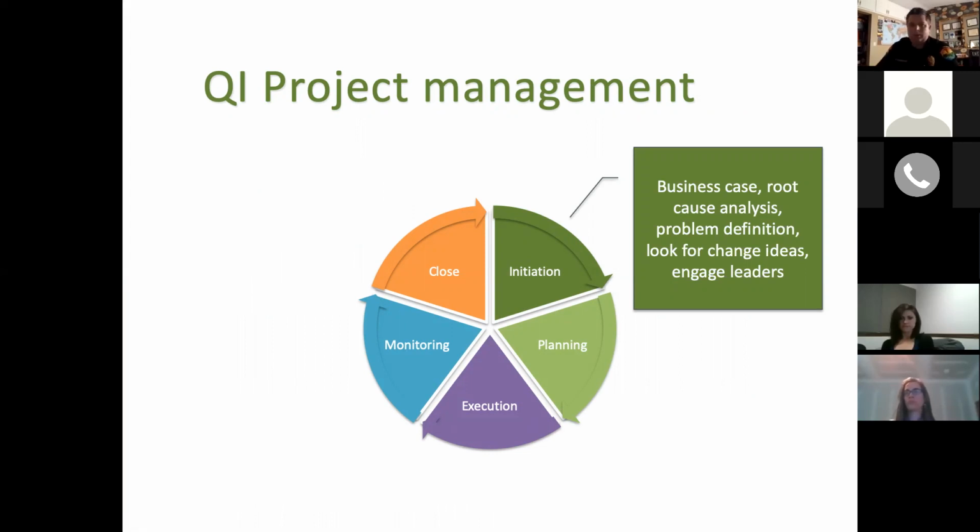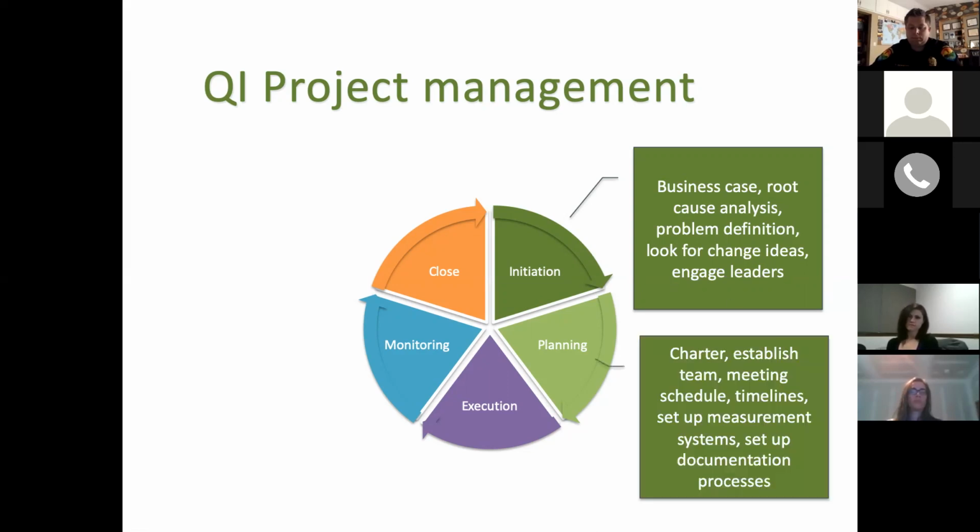We might do some root cause analysis or understanding the care quality gap. Why does it exist? That's part of the problem definition as well. Looking for different change ideas. What's best practice? What are the leading practices? What do experts know about this care quality gap? And then engaging leaders at the start of the project.